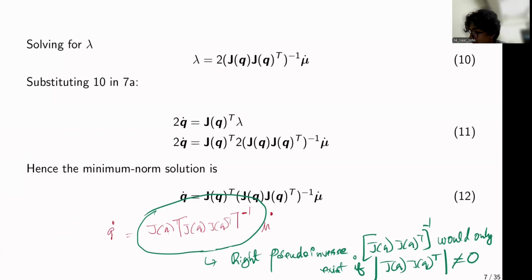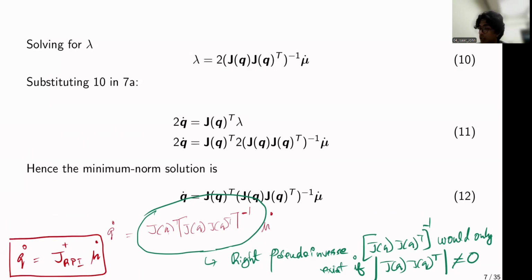So the solution q dot equals J right pseudo inverse multiplied by mu dot. This will give you the minimum norm solution, right? If you have a desired mu dot, the solution q dot corresponding to J right pseudo inverse multiplied by mu dot will give you the minimum norm solution. Out of all the infinite solutions, you will get the minimum norm solution.